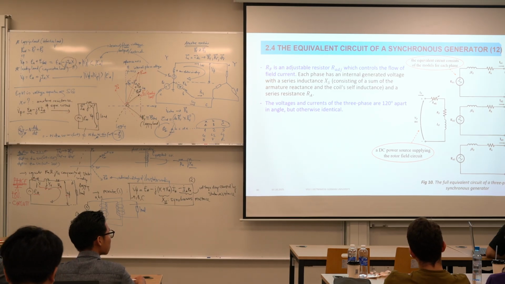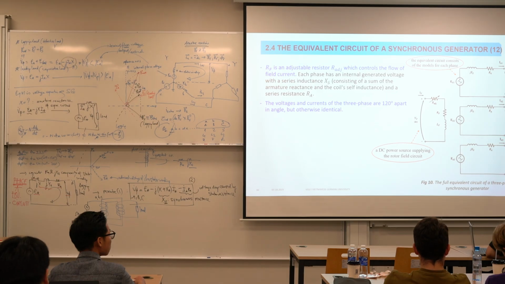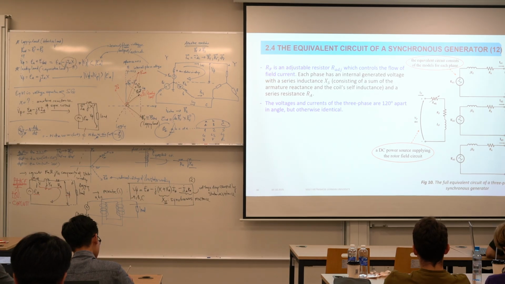Some students use IF overload. Oh my God. So stupid, because this is a DC parameter. Everybody knows 0 degree. Why do they say IF overload? Oh my God. You understand?